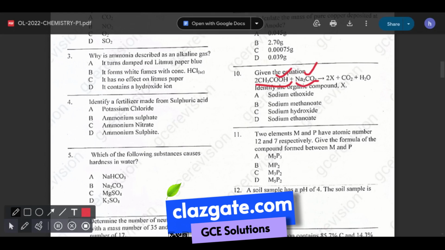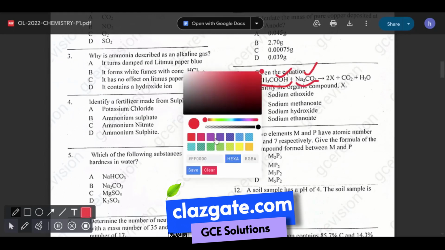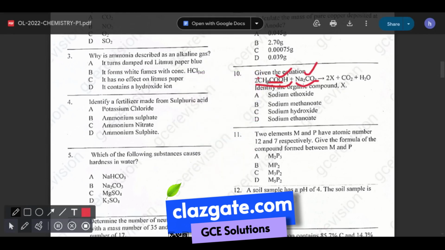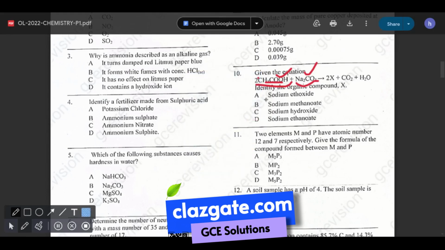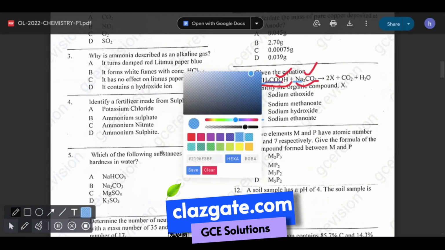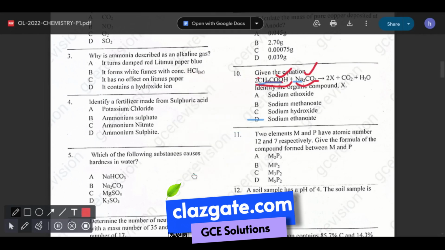So what happens is that the organic part of the acid, this part of the acid, reacts with sodium from the base to form sodium ethanoate. So the answer to question 10 is D, sodium ethanoate.